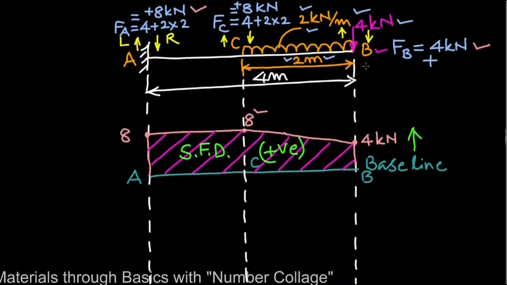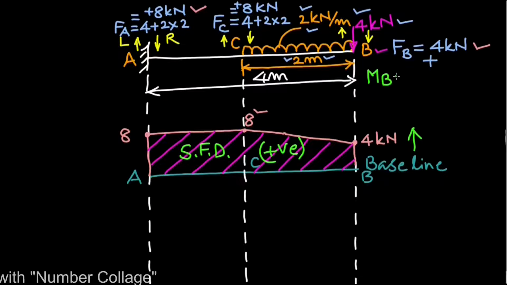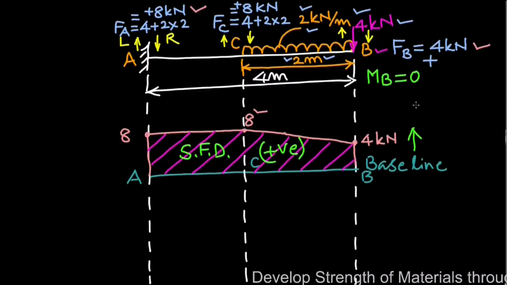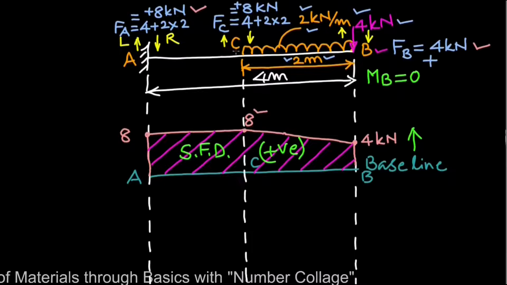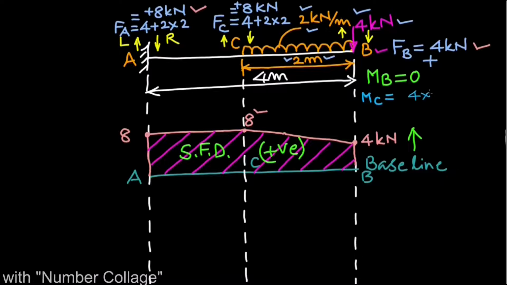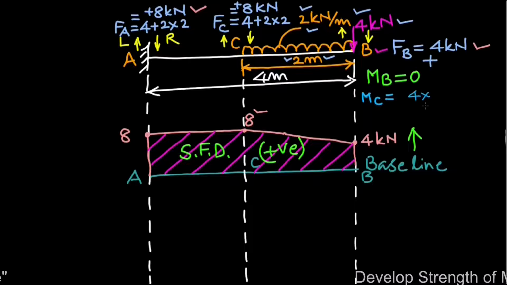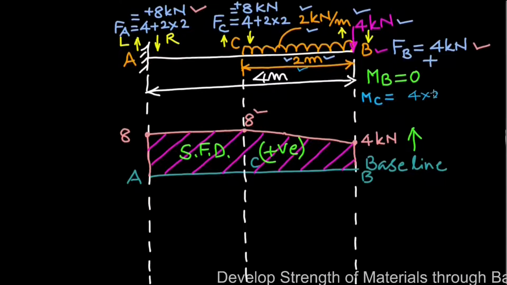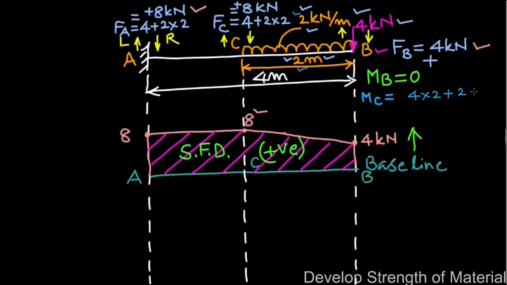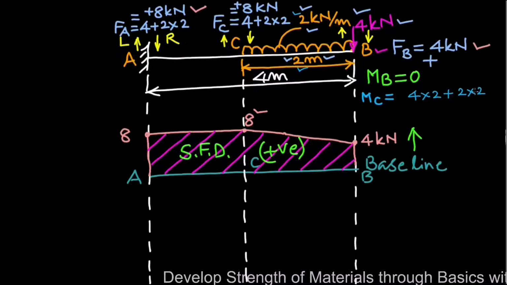Bending moment at the free end B, MB, will be 0 because at the free end of a cantilever beam there is no question of any bending. Bending moment at point C, MC, will be point load 4 kilonewton multiplied by its moment arm from point C, which is this 2 meter, plus bending moment due to the UDL 2 kilonewton per meter multiplied by the span of UDL, which is 2 meter.